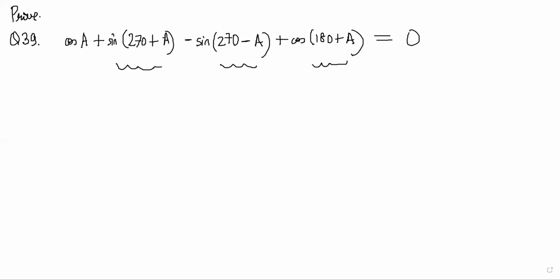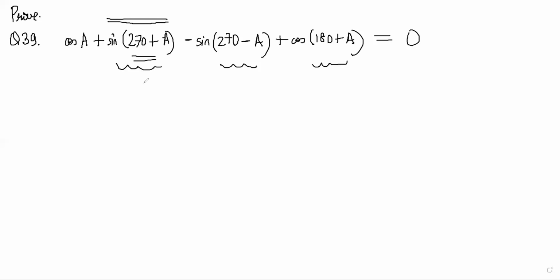Do you remember how to handle those 270 plus A stuff, right? I hope you remember that. So you had taught how to find values of angles greater than 90 degrees. That only I'm asking here. Sine 270 plus A. So this angle seems in what quadrant? Third.